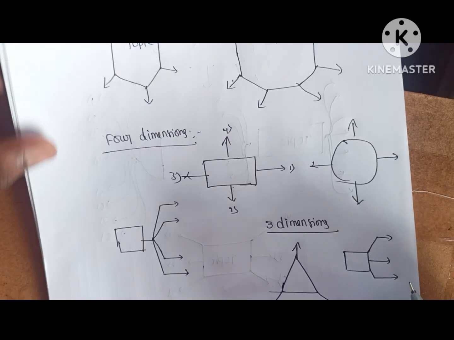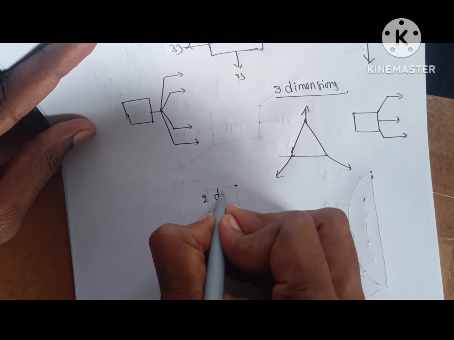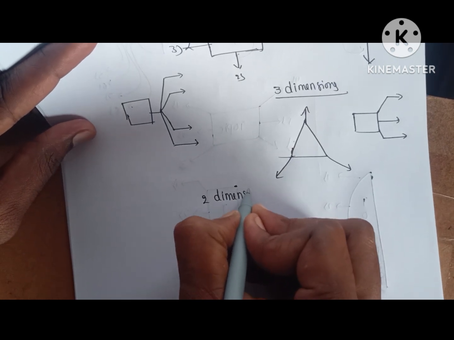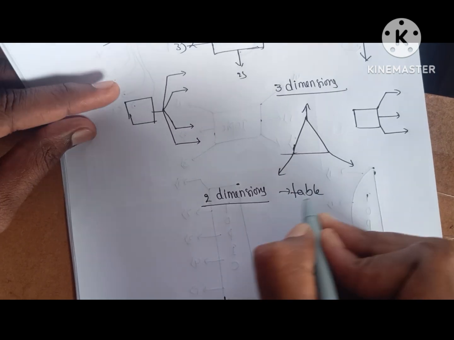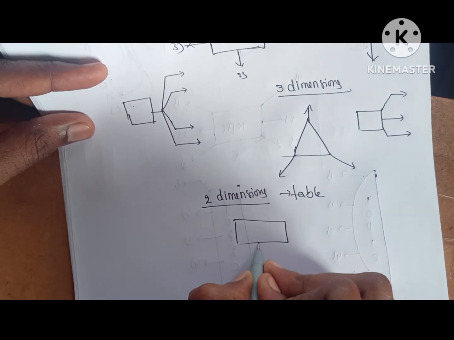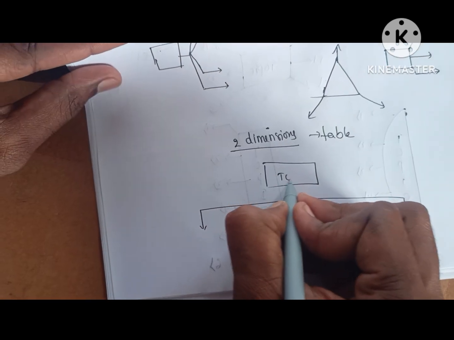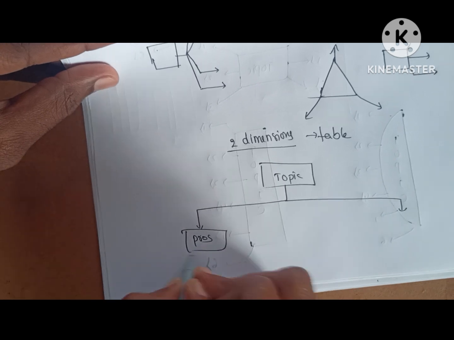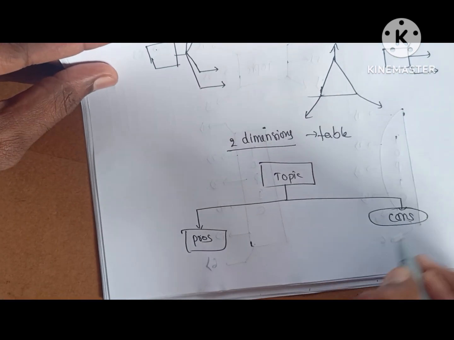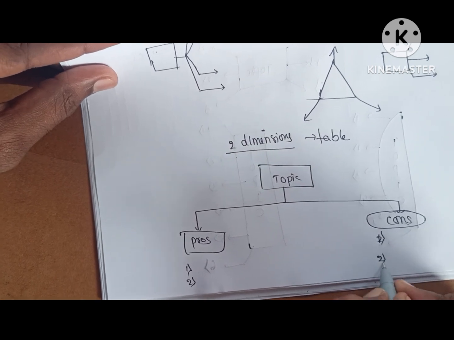For the last one, for two dimensions you can draw a table, or you can also use this type of presentation. For example, with the topic pros and cons, you keep a heading for pros and a heading for cons, and you can list out the pros and cons on the respective sides.